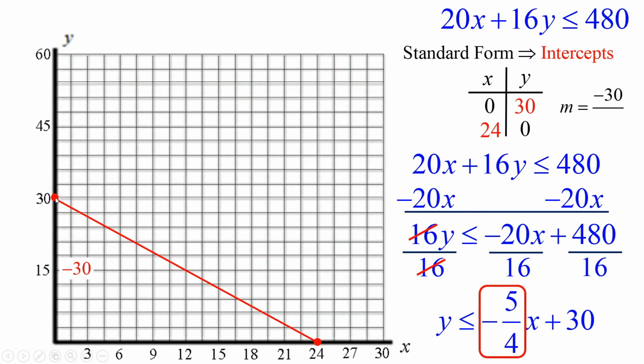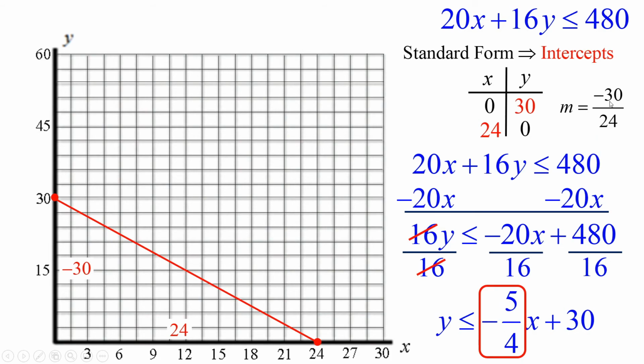Do you guys agree? Picture your slope triangle. We dropped 30, and we just said we ran 24. And look at the graph. We went from 0 to 24. Yeah, we ran 24 right there. Nice. And by the way, negative 30 over 24, if I reduce that, I should get negative 5 over 4.